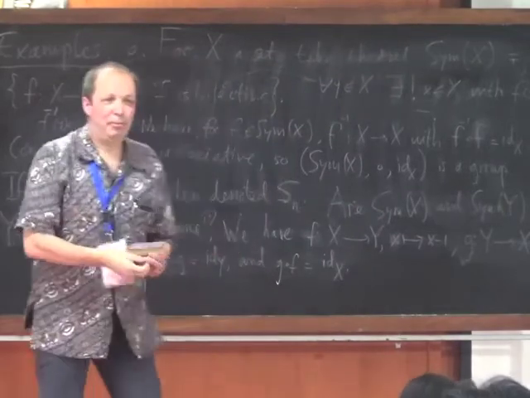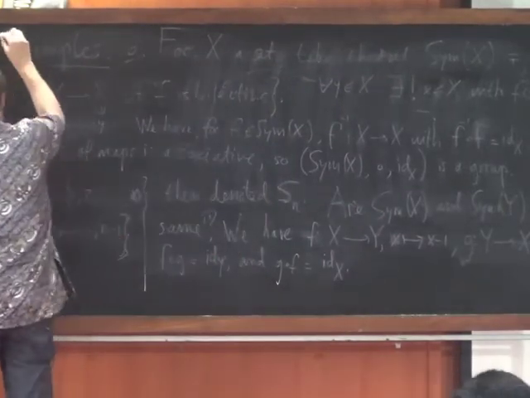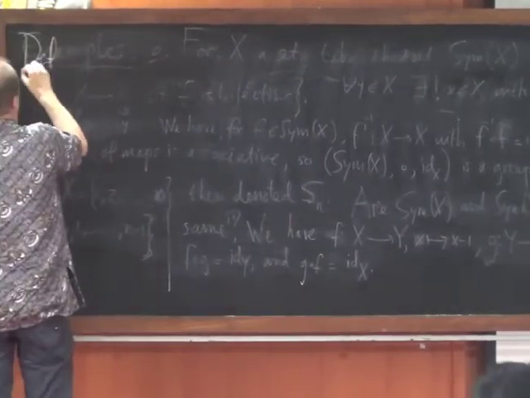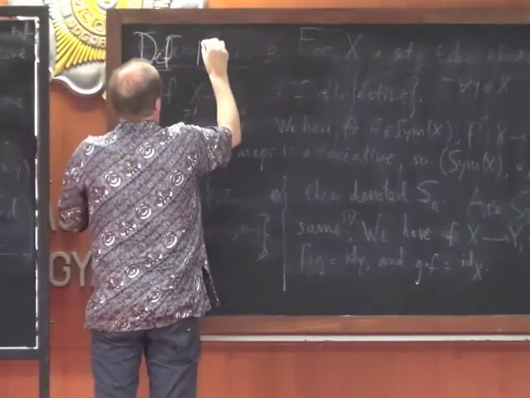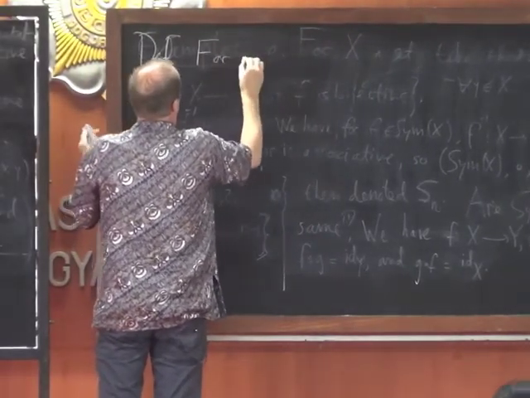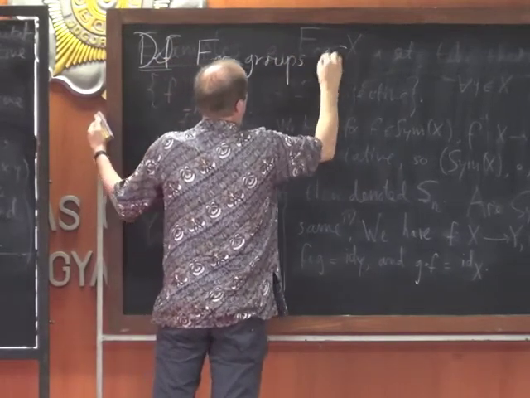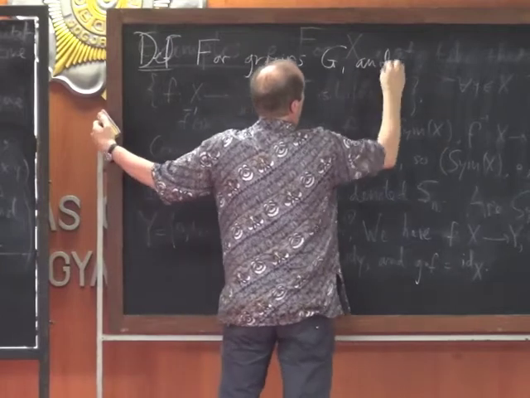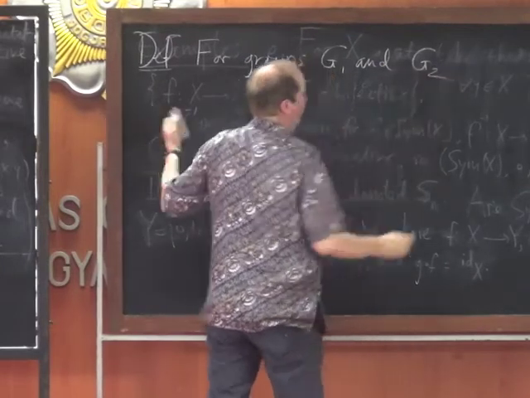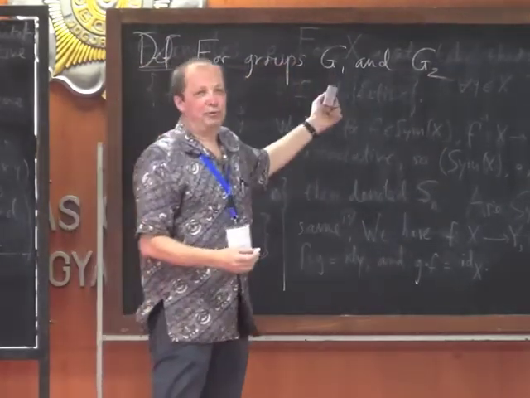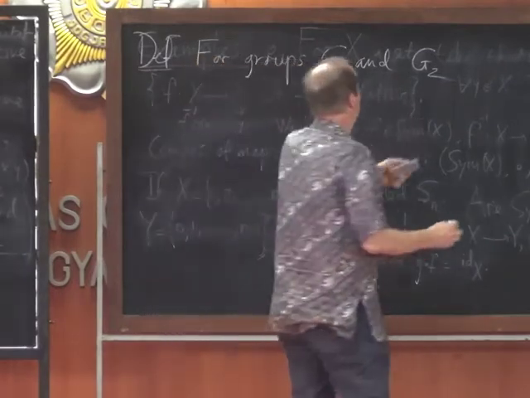Okay, so here is another definition. For two groups, G1 and G2, you already see that I leave out the composition of G1 and the identity element.